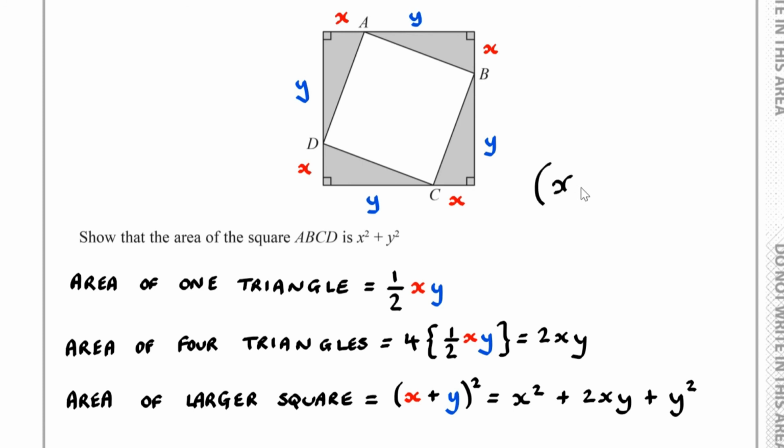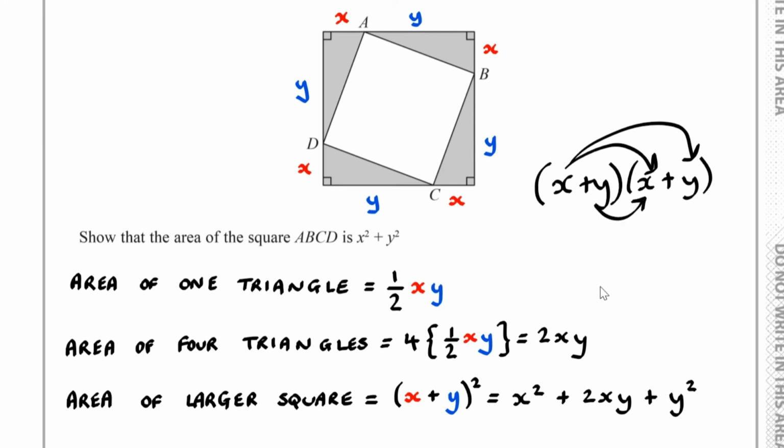And if I work that out quickly at the side, I've got x plus y times x plus y. So x times x gives the x squared. x times y gives xy. And then I've got another y times x, so that gives the 2xy. And then I've got y times y, which gives y squared.